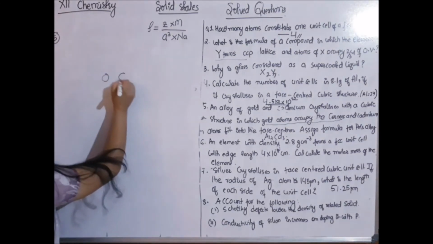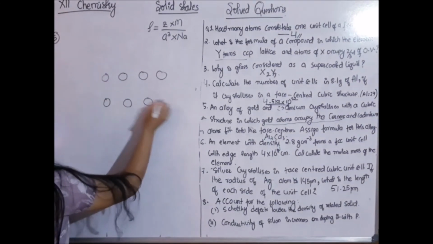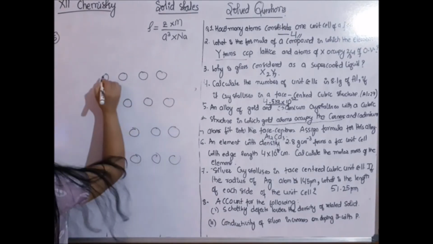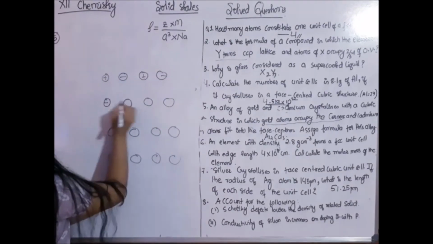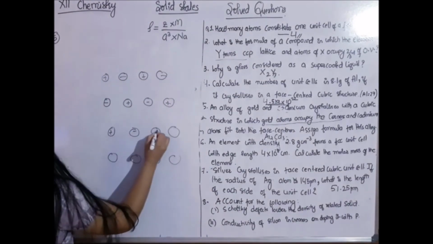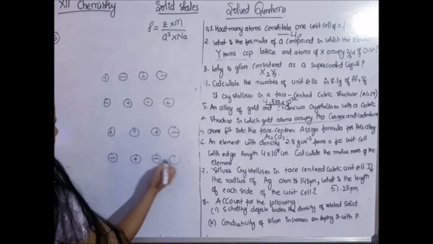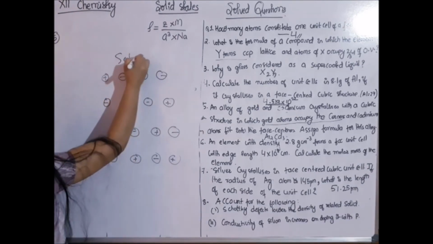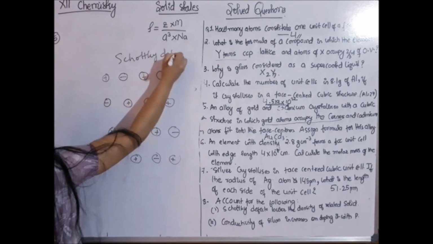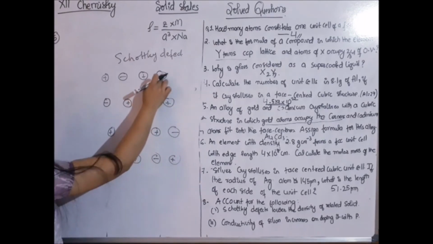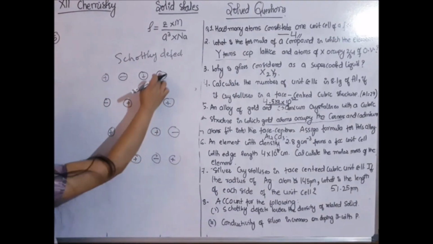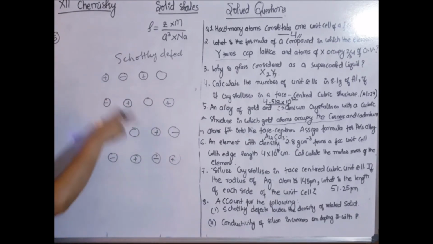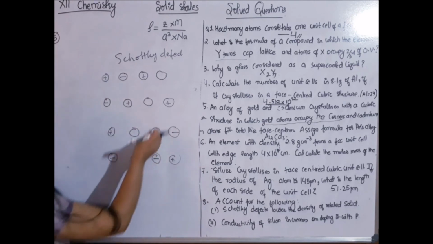Suppose there are 16 ions in volume, plus and minus alternating. Now what happens in Schottky defect is that an equal number of cations and anions will be missing from their sites. For example, from here an anion is gone, two, three. Now in order to maintain electrical neutrality, the same number of cations will be missing.